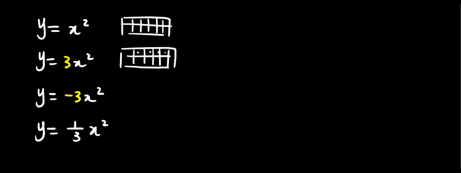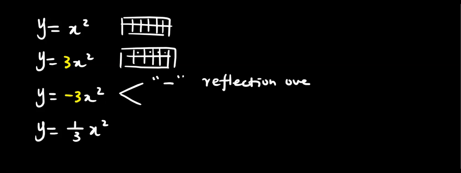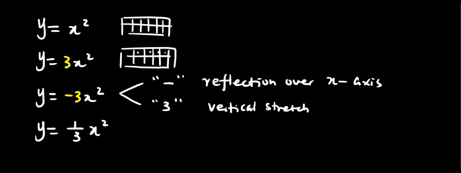And then we tried to graph negative 3x squared, also by using GeoGebra. And we understand if we have a negative symbol, it tells us a reflection over the x-axis occurs. And then we look at 3. 3 tells us a vertical stretch occurred, 2 transformations.